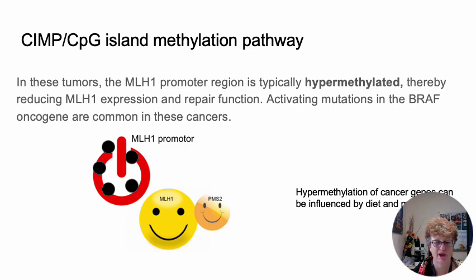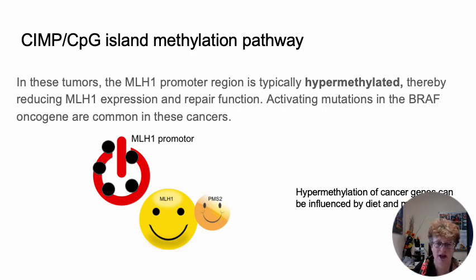So let's look at the third pathway. The second and third pathways are kind of related. We've got the APC pathway, which is the cause of familial adenomatous polyposis and 70% of sporadic cancers. We've got the pathway with a mutated gene in one of the mismatch repair genes, which is 15% of cancers.